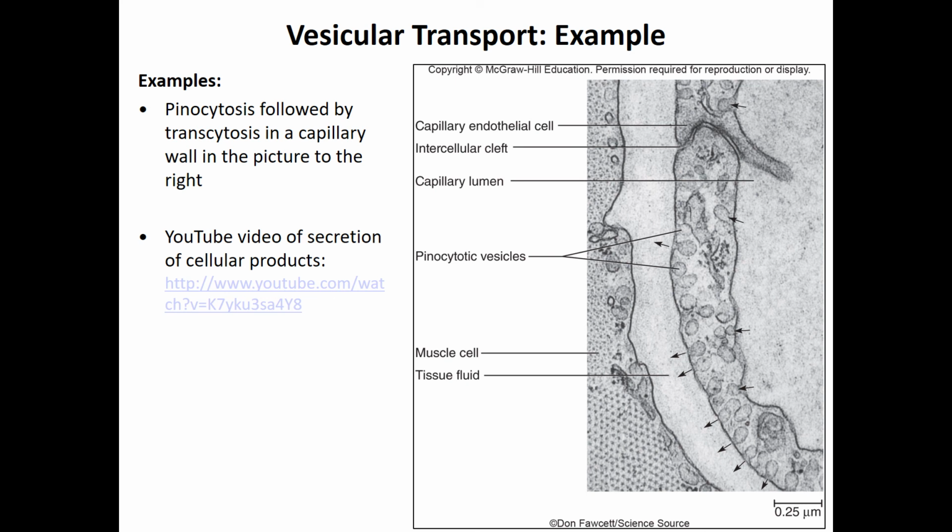Of course, it's showing that some of them are binding with the plasma membrane right across here. Some of them you can even see opening up just like that. And this is showing you exocytosis of some substance into the interstitial fluid between two cells. And so that's vesicular transport, both examples, endocytosis and exocytosis. And hopefully that helps you understand this a little bit more clearly.